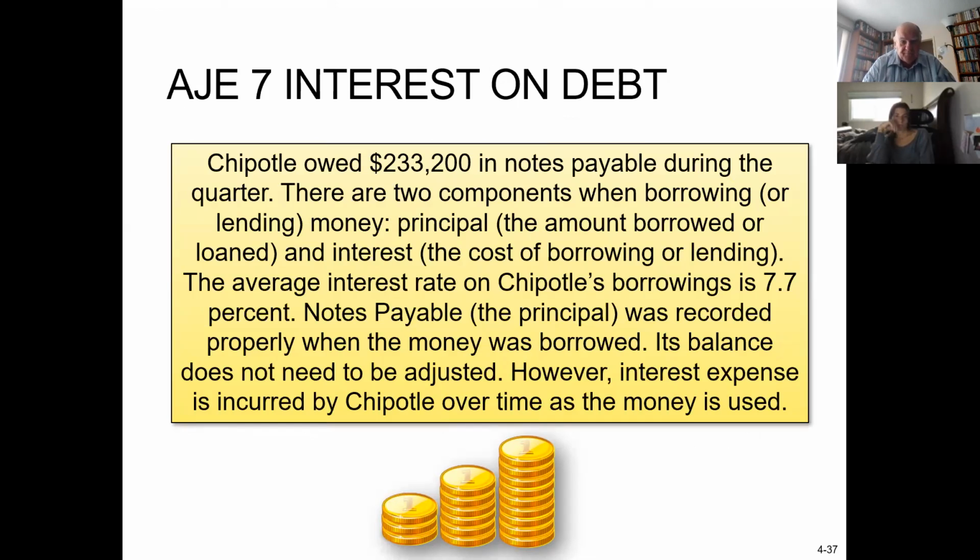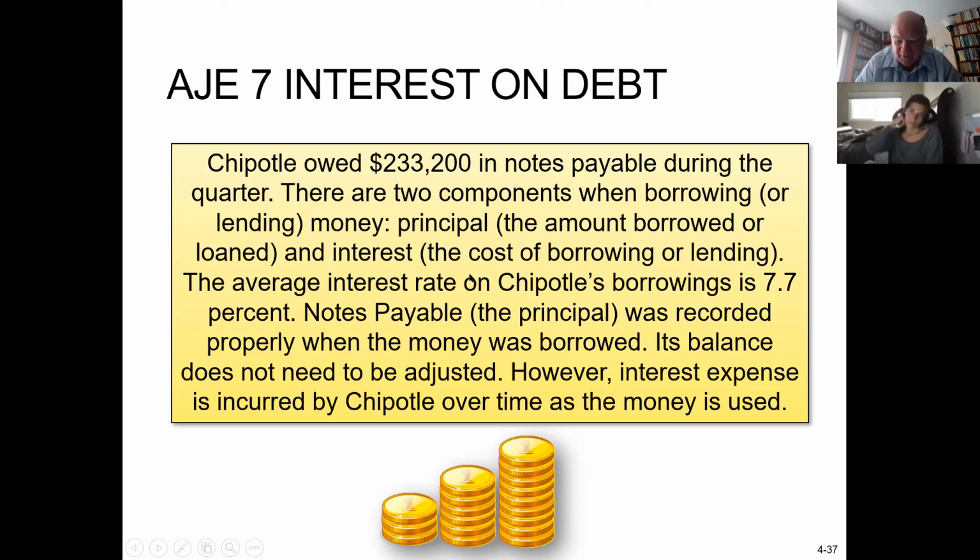Interest on a note. Chipotle owed $233,200 in notes payable during the quarter. There are two components here. We got principal, the amount you borrowed or loaned, and the interest. The principal is the exact amount you loaned. In this case, somebody loaned Chipotle $233,200, and the interest rate is 7.7%.